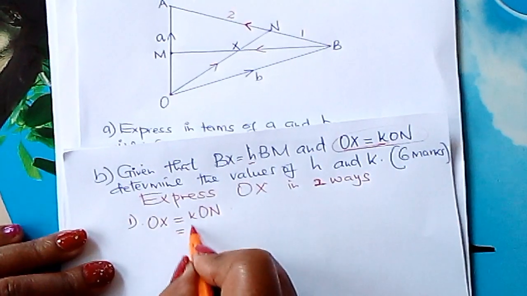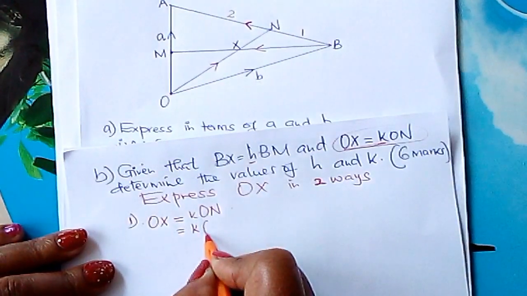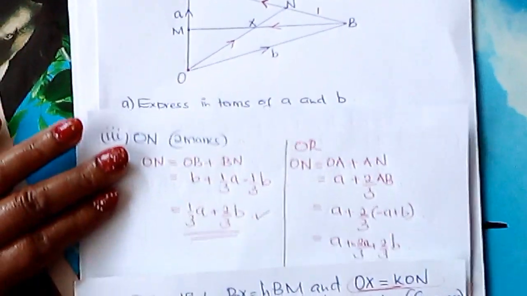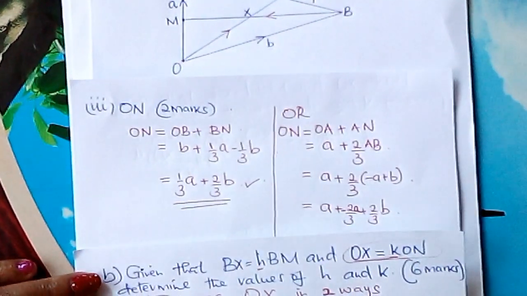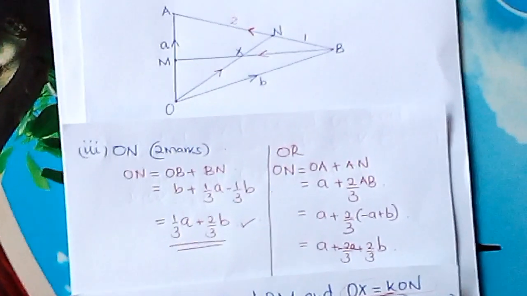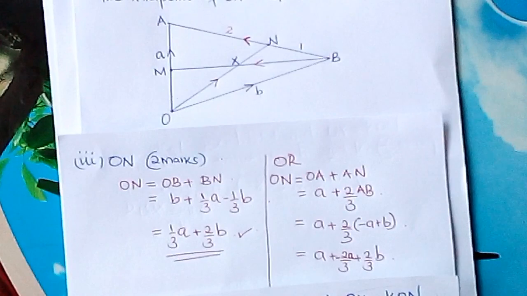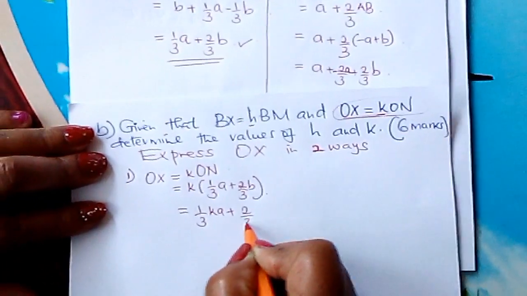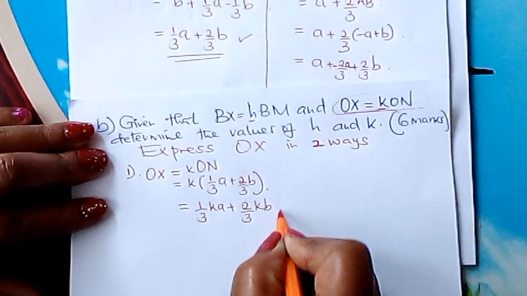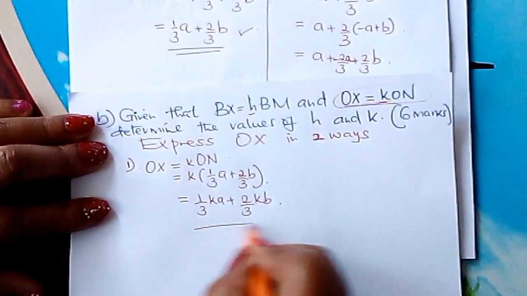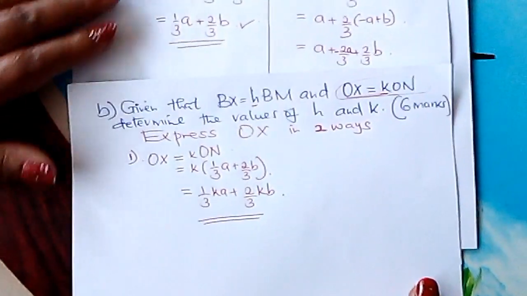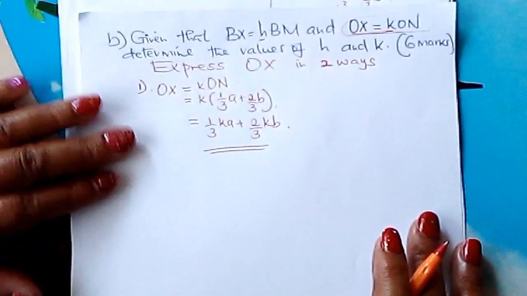What was our ON, Lana? You look for the ON. Our ON was a third of A plus 2 thirds of B. You remove the brackets, you get KA plus 2 over 3 KB. And so this is one of the ways of expressing OX.